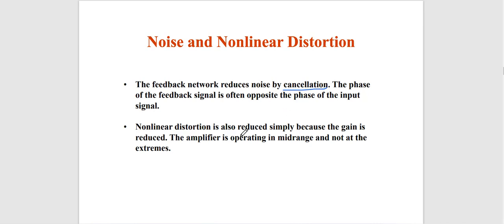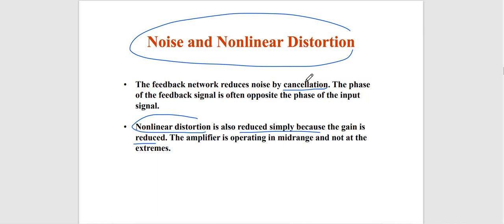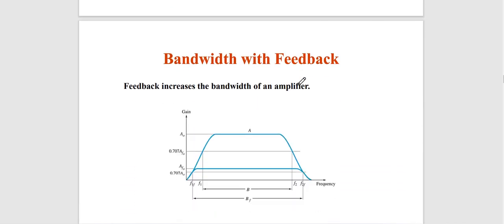The phase of the feedback signal is often opposite to the phase of the input signal. Nonlinear distortion is also reduced because the gain is reduced and the amplifier is operating in mid-range and not at the extreme. So for noise and nonlinear distortion, it is better if we use feedback circuits.